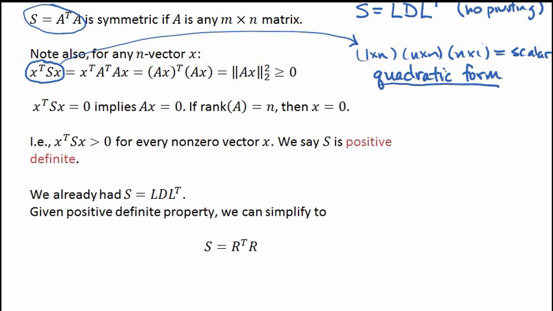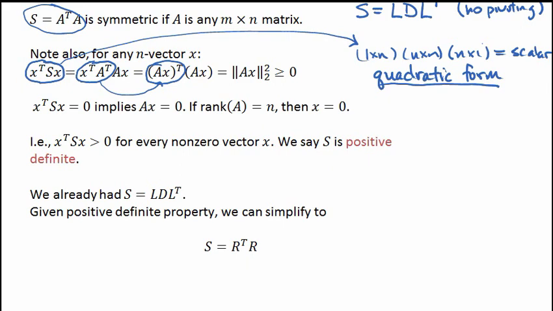Okay, so we put in what S is, and now we have X transpose A transpose AX. And then in the next step, I use the fact that this is a product of transposes, so if we reverse the order, it's the transpose of the product. And now we recognize that this is an inner product of the vector AX with itself.